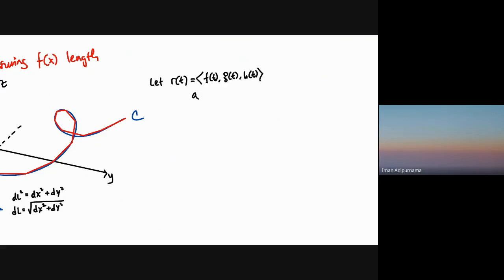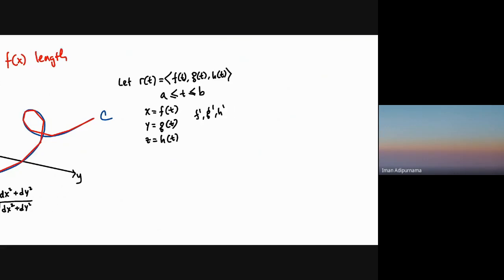And then we set the a and b for our integration endpoints. We can also set the f, g, and h in parametric equations, x, y, and z. And f prime, g prime, and h prime are all continuous.